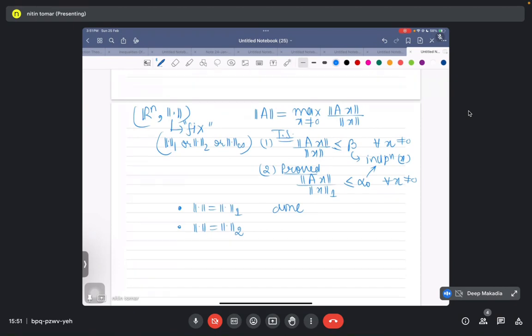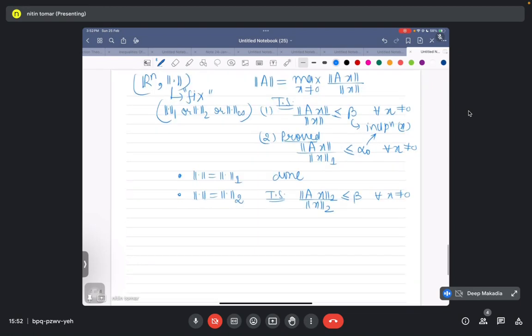Then what do I have to show in this case? I have to show that norm AX in norm two is less than beta, correct? For all x non-zero. This is what I have to show, correct? Because I am choosing my norm to be the 2 norm.